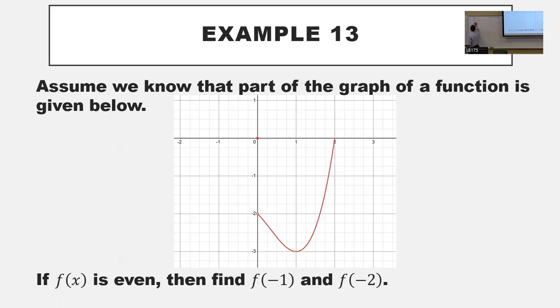The same thing is true for -2. Now notice that when you plug in a +2, you get 0. This graph goes through the point (2, 0).